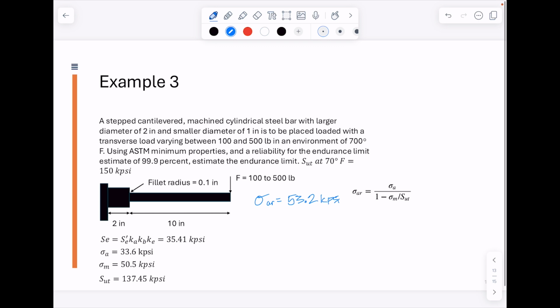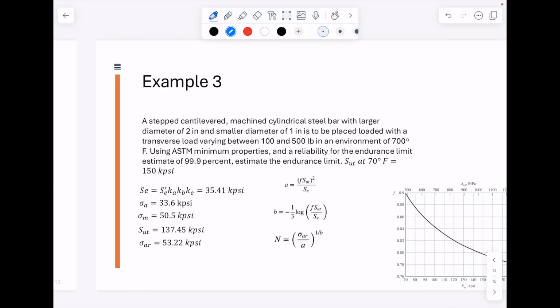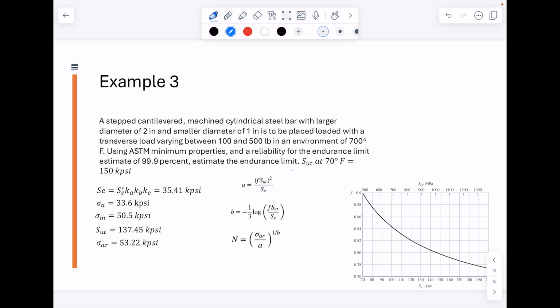Now we can estimate the number of cycles that we can rate this for. And to do that, we're going to need this equation here. So we need the A and the B, and then we can plug those in there to get this estimate for the number of cycles.